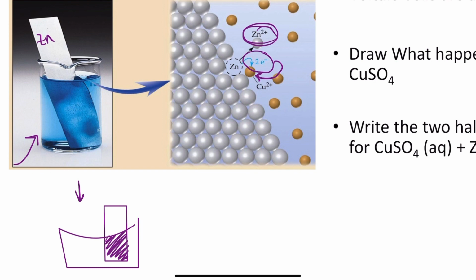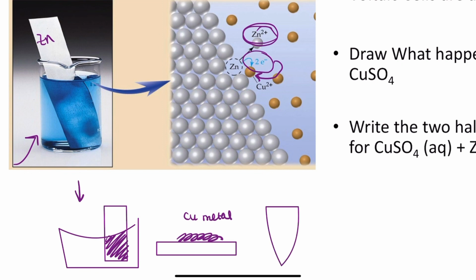I could then take that copper metal out and weigh it. And if I looked at that zinc metal, it would no longer look the same. It would not be what it originally started as. It would be partially eaten away. Some of the zinc would eventually just disappear or appear to disappear.